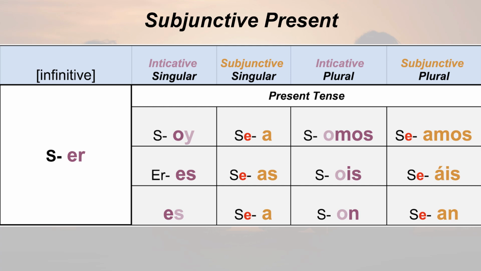First person plural, nosotros, will be somos or seamos. Second person plural, vosotros, will be sois or seáis. Third person plural, ellos, will be son or sean.